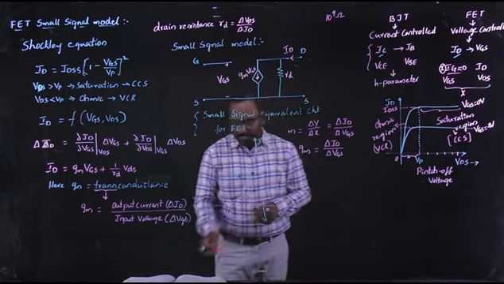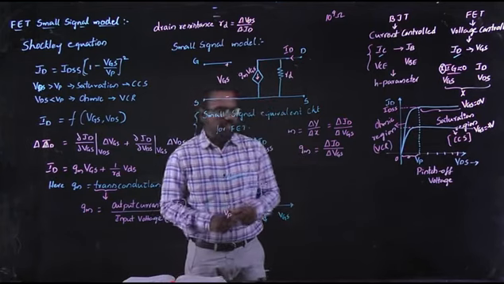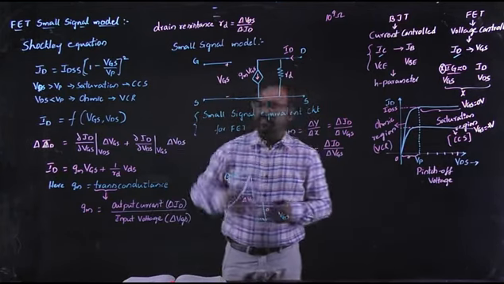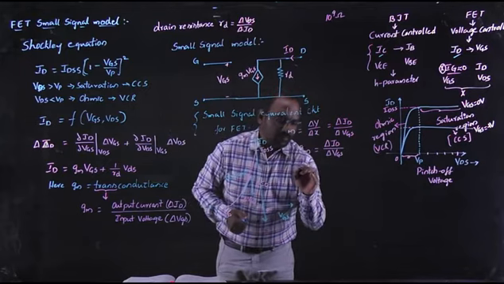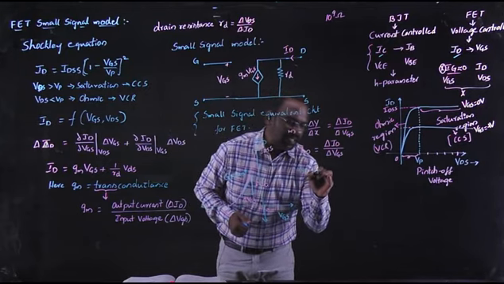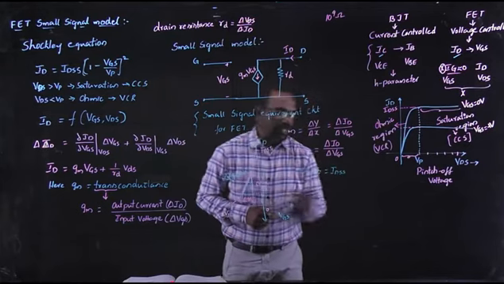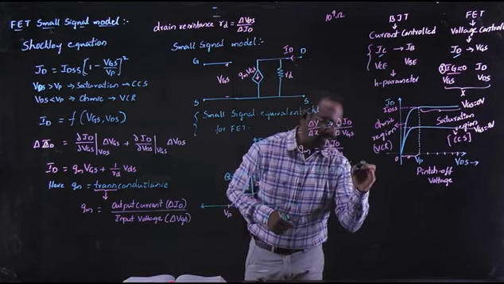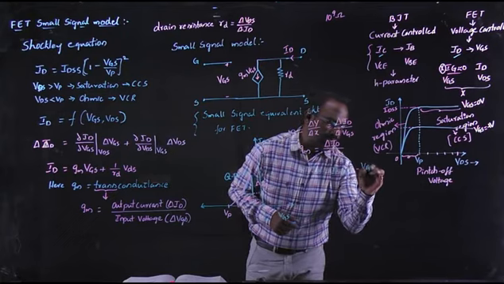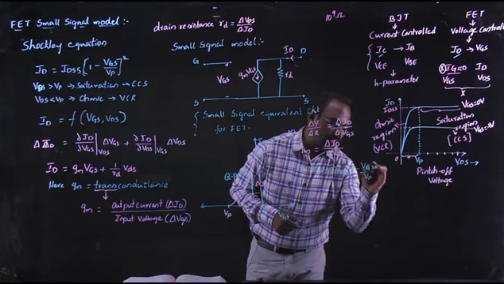But mathematically, we can also find it out. So I am writing Shockley's current equation: ID is equal to IDSS into (1 minus VGS by VP) whole square.